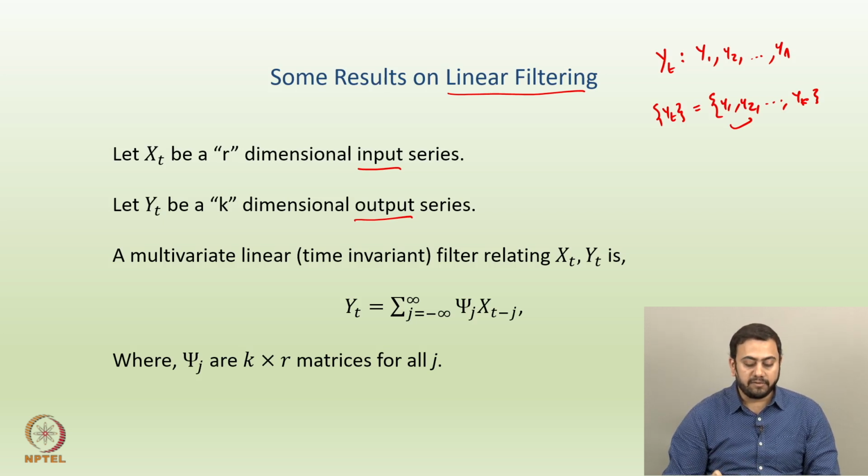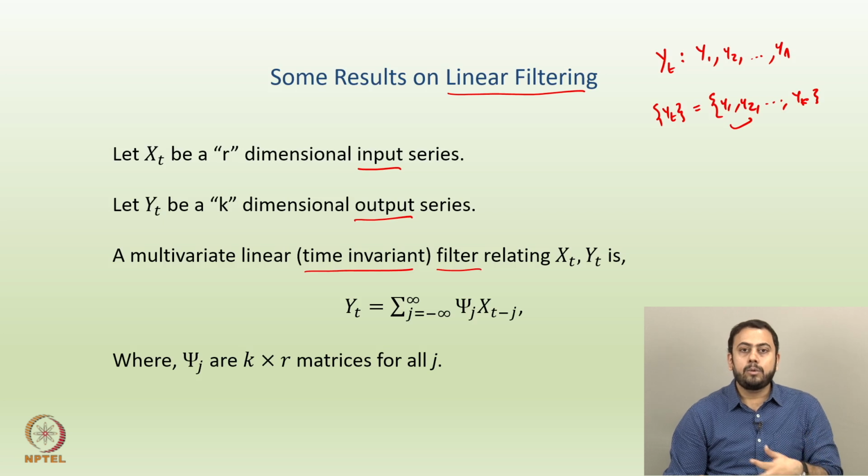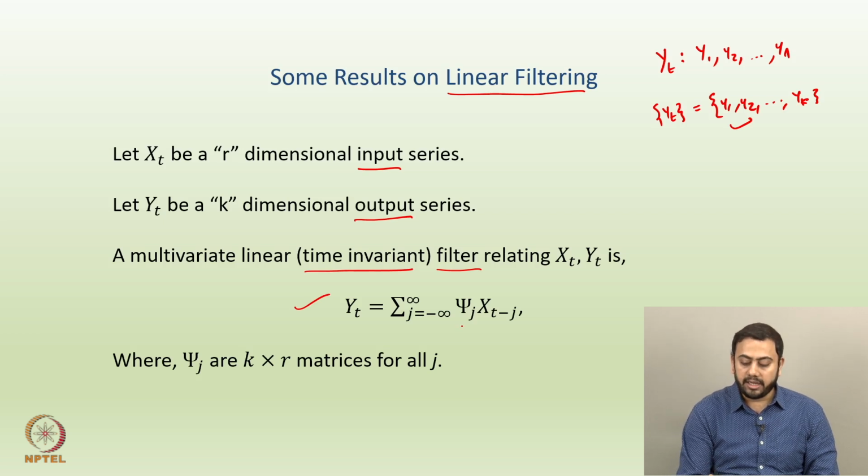Then how can we define a multivariate linear, also called time invariant, filter relating xt and yt? In other words, how do we define a relationship between the input series xt and the output series yt? This is exactly that equation: yt equals an infinite sum, j going from minus infinity to infinity, of coefficients psi j applied on xt minus j.